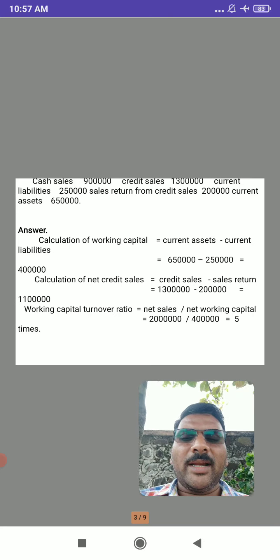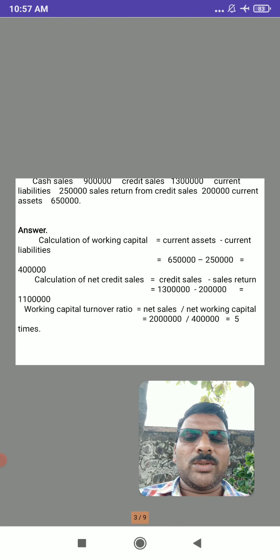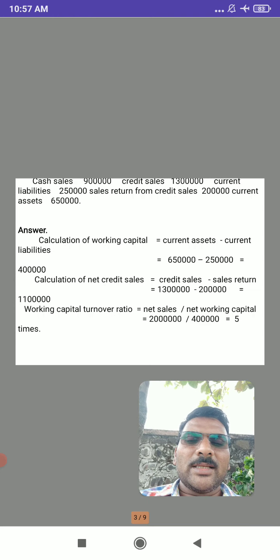Now working capital turnover ratio equals net sales divided by net working capital. Net working capital we already know, and net sales is given in this problem. Net sales is 20 lakh and net working capital is 4 lakh.